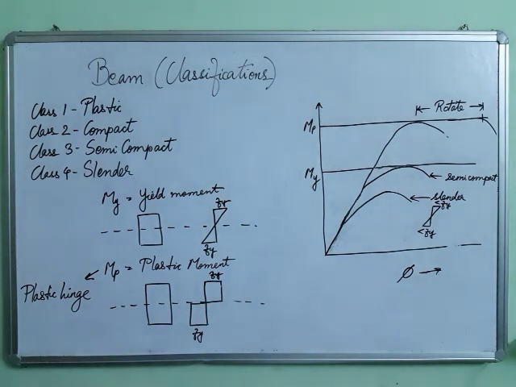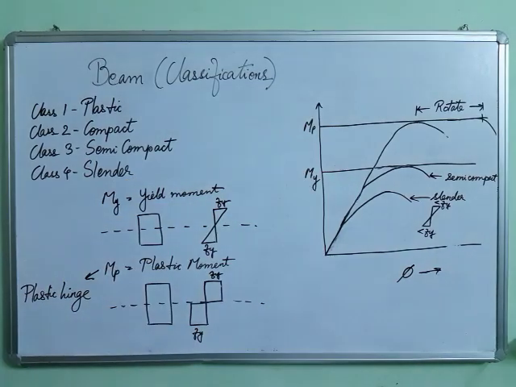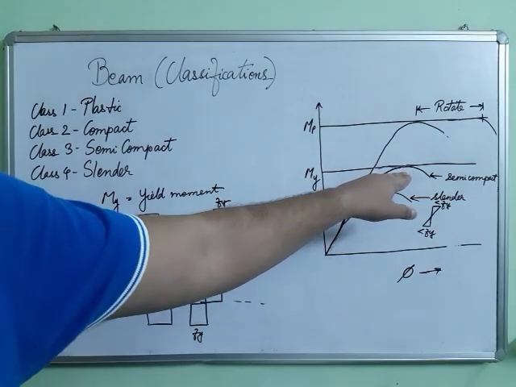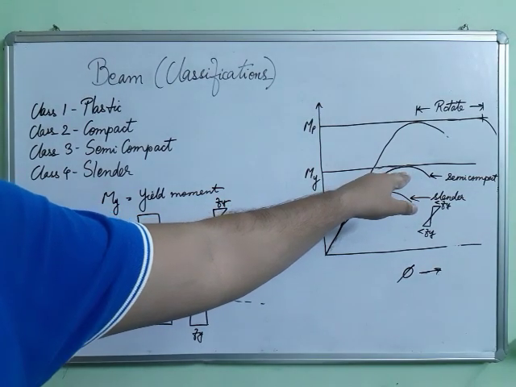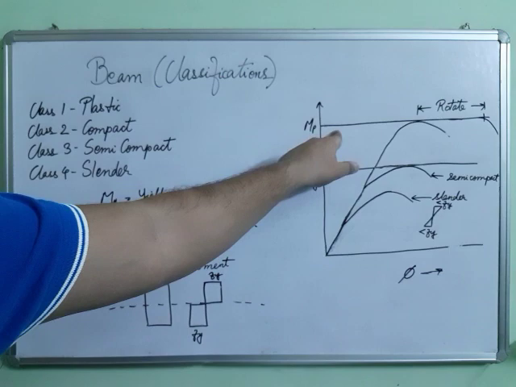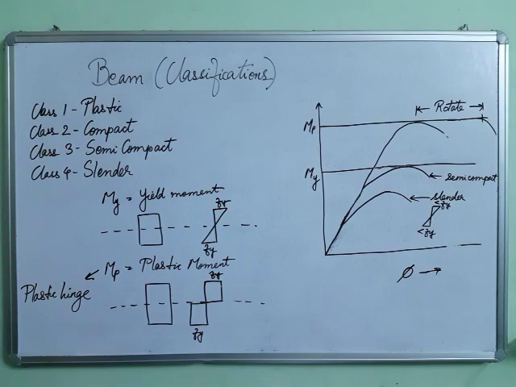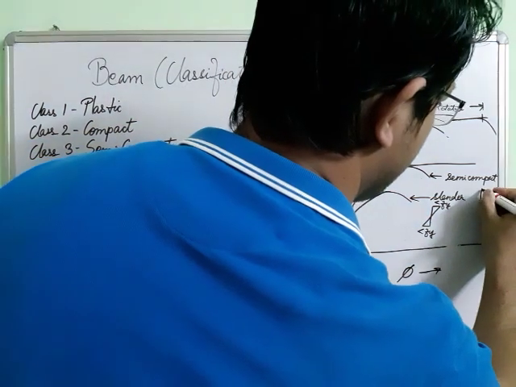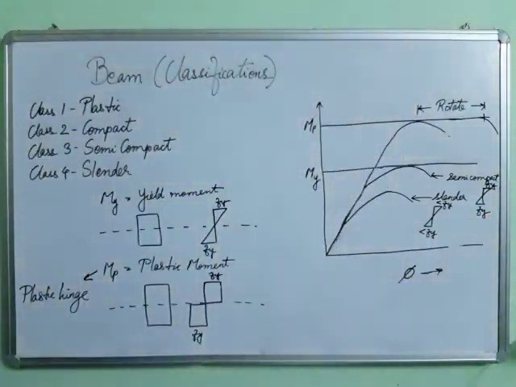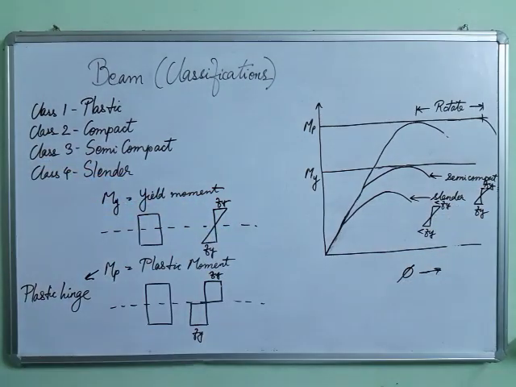Okay, but it cannot reach MP. I repeat, semi-compact sections are those sections in which they will reach yield stress, and they will have some buckling, but they will not reach MP. Plastic moment they will not reach. Okay, so for them, if we draw the diagram, it will look like this. So these extreme fibers Fy. So the situation will be like that.